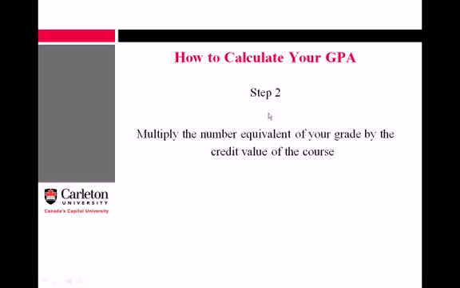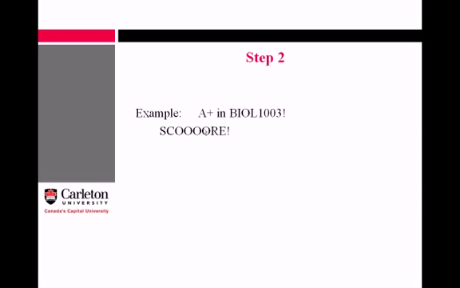In step 2, as I said, you multiply the number equivalent of the grade you received in that course by the credit value of that course. For example, say you got an A plus in Biology 1003. It's a first year biology course. An A plus from the table is worth 12.0, and Biology 1003, based on the undergraduate calendar, is worth 0.5 credits.